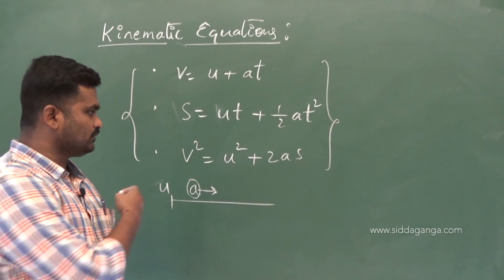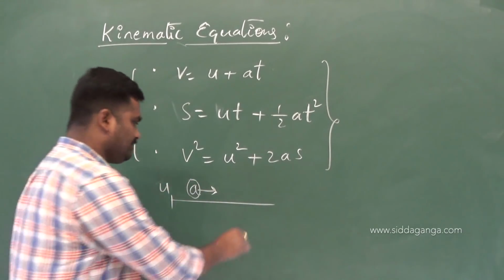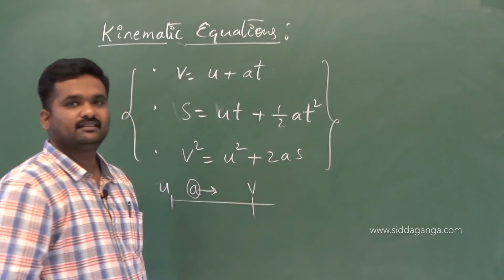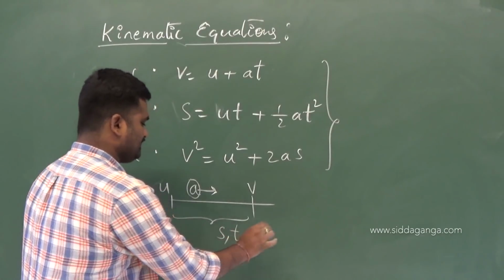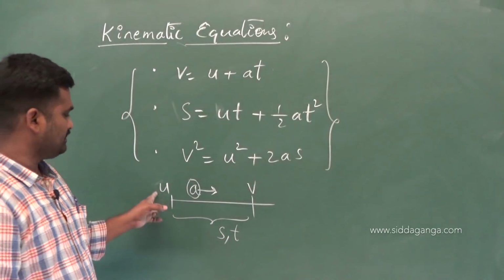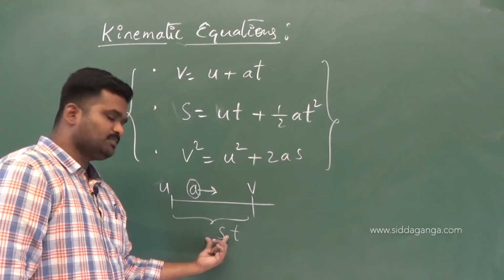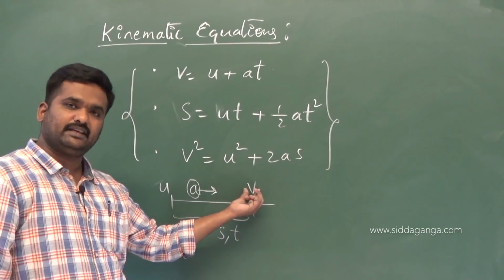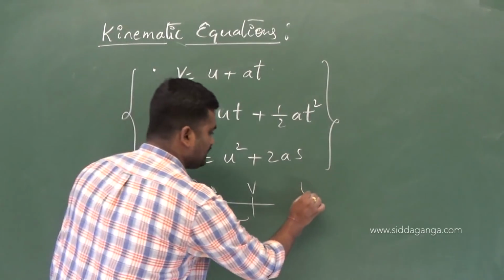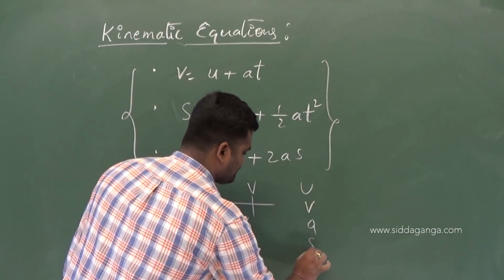Acceleration is constant throughout the motion. By the time it attains some velocity v, it travels some displacement s in a time of t seconds. All these are 5 parameters only: u, v, a, s and t.